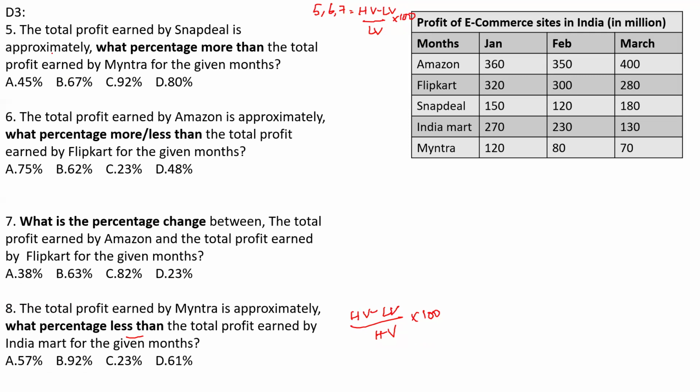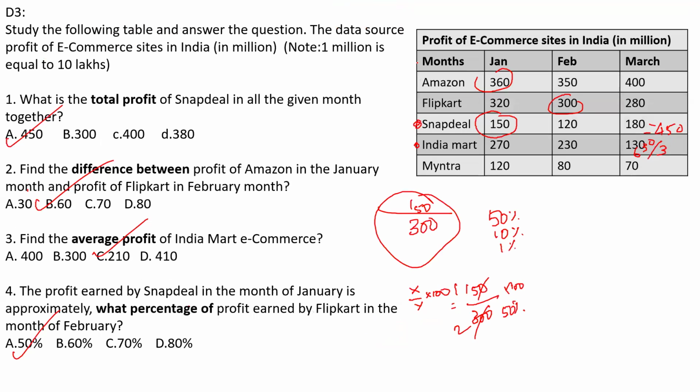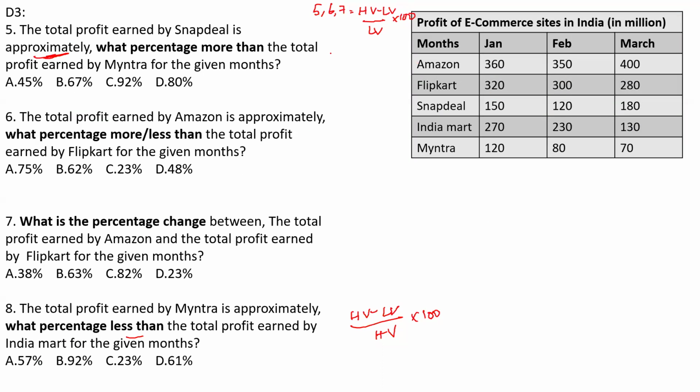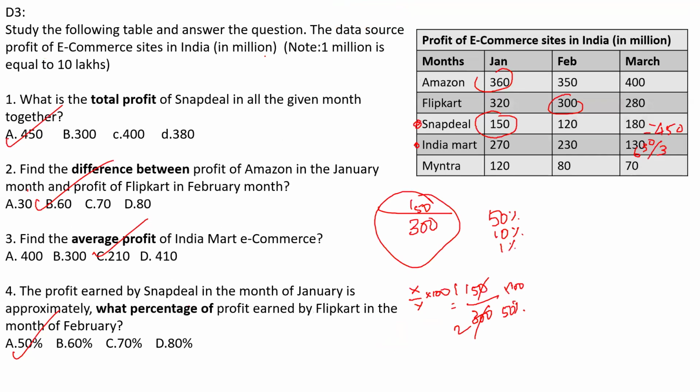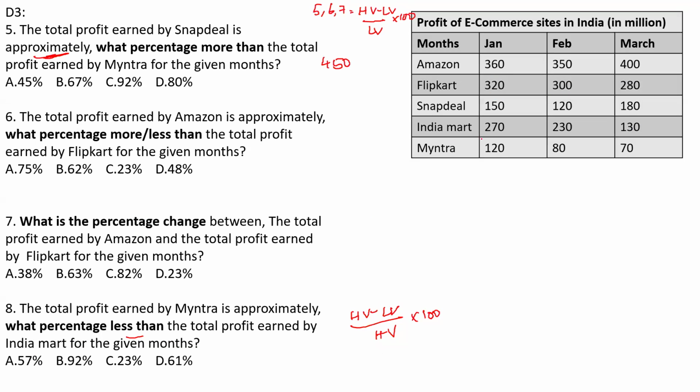Just approximate, they are asking. So total profit of Snapdeal, we have already found it. It's 450. And Myntra in the given month, we have not found, so you just need to find it. Myntra 120, 80 and 70, so the total for Myntra would be 270.